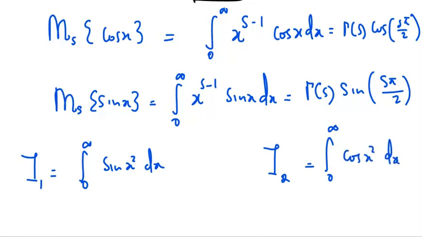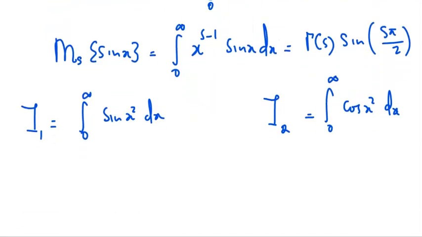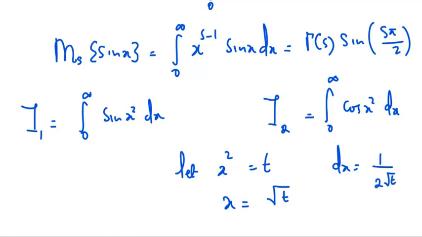In both, let's do the following substitution because we really need to have just x and not x squared. Let x squared equal t. So x is equal to square root of t. Now differentiate: dx is equal to the derivative of square root of t with respect to t, which is 1 over 2 root t, and then dt.